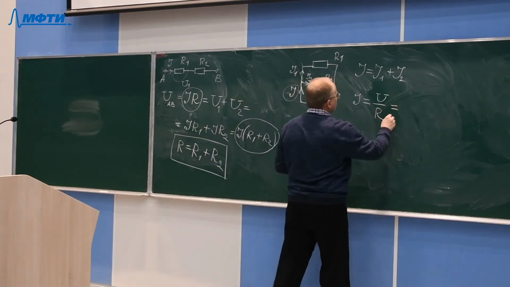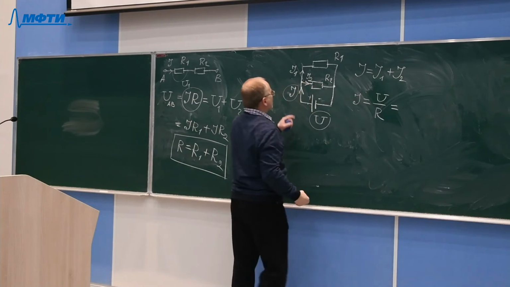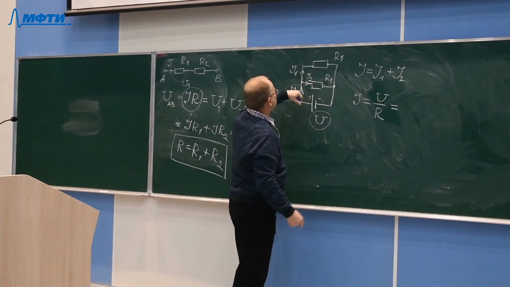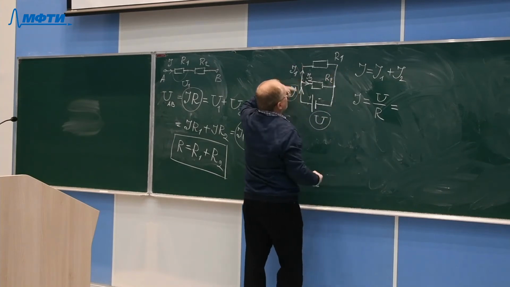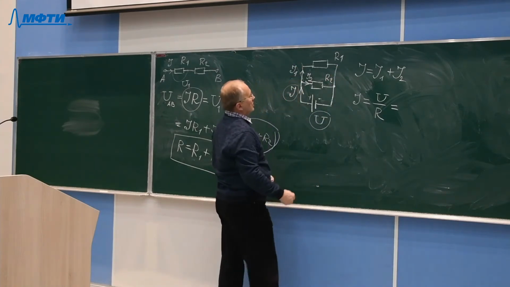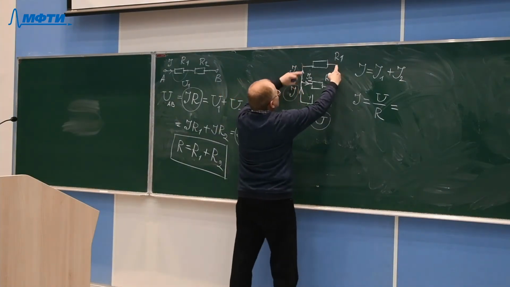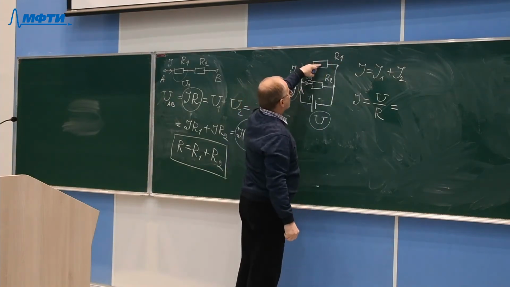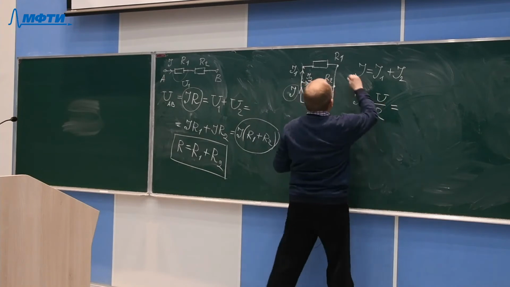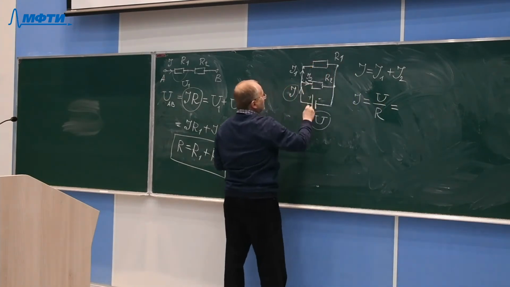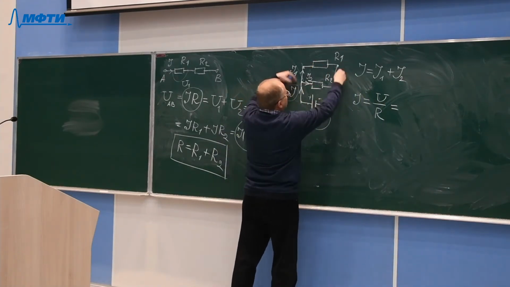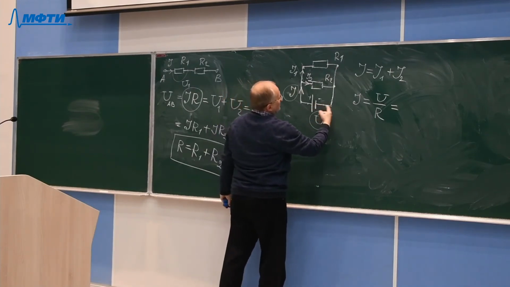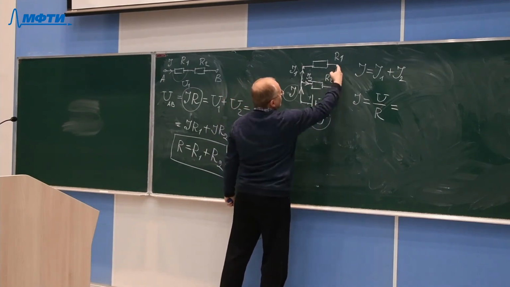At the same time, this electric current must be equal to current number 1, which flows through the first resistor, and this current, according to the same Ohm's law, must be equal to the potential difference between these 2 points divided by this resistance R1. And the potential difference between these 2 points is the same as here, because there is no potential difference along the wire.